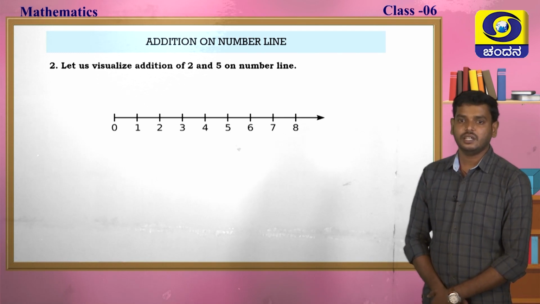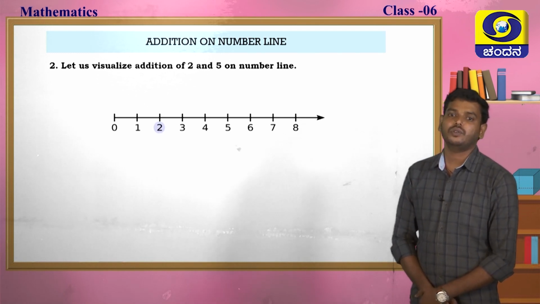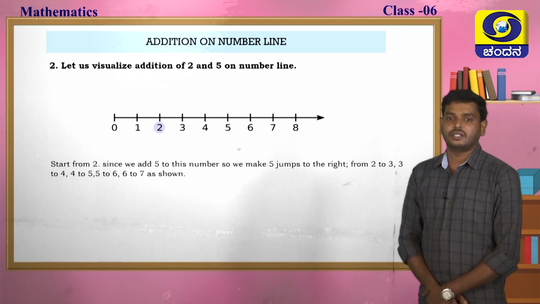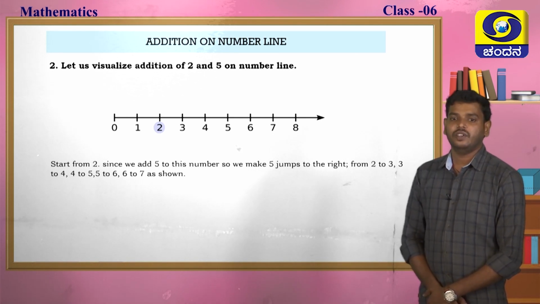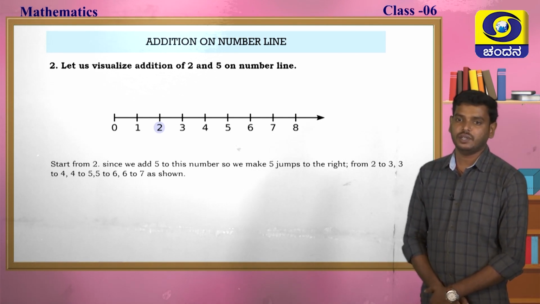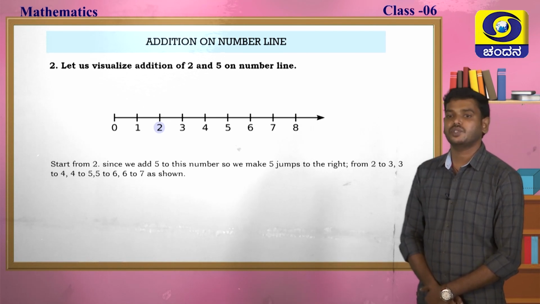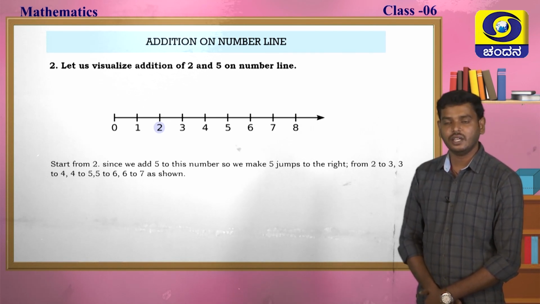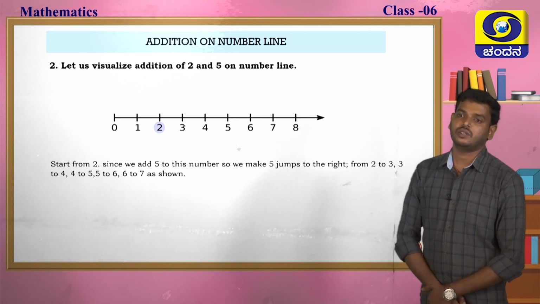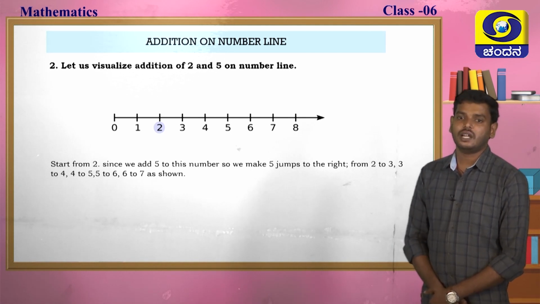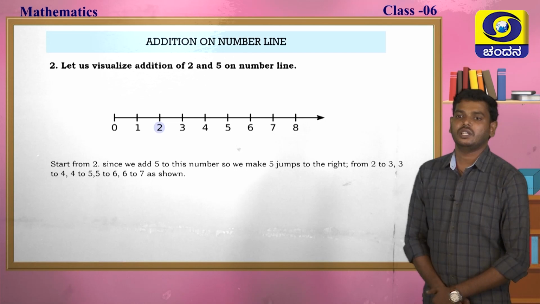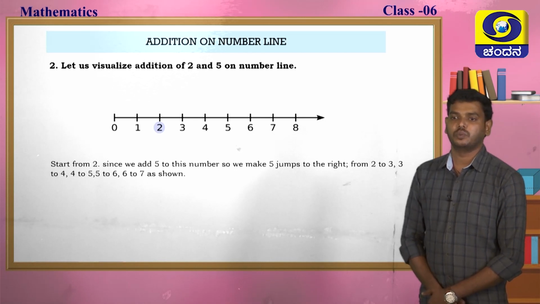Is it correct, children? Yes, of course. You start from 2 and we add 5 to this number. So we make 5 jumps to the right. Since we are adding, we move towards the right side of the number line. Hence, starting from 2, we need to move 5 jumps.